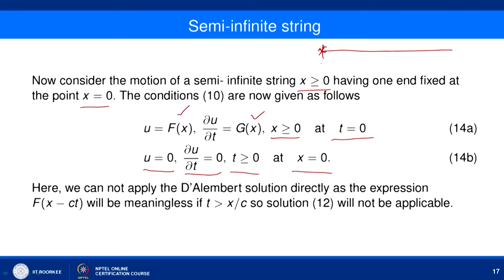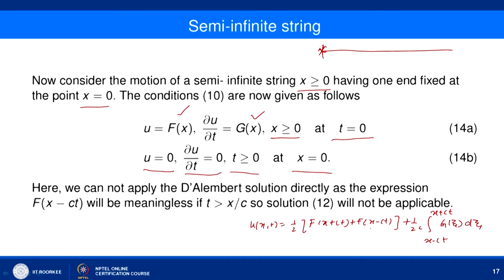If you look here, we cannot apply the D'Alembert solution directly, because the solution is u(x,t) equal to half of f(x plus ct) plus f(x minus ct), plus 1 upon 2c times the integral from x minus ct to x plus ct of g(ξ) dξ. The problem is that f of x is defined only for x greater than or equal to 0, so the argument of f is positive only.